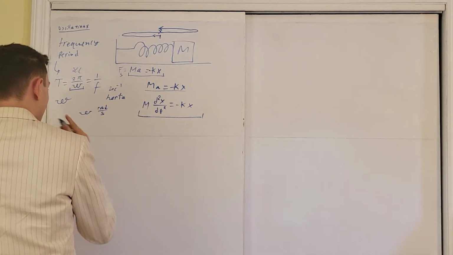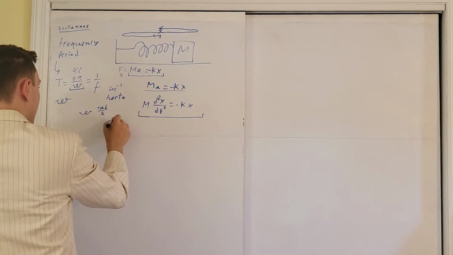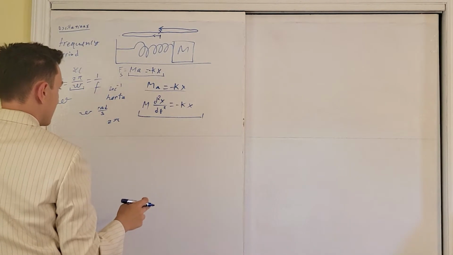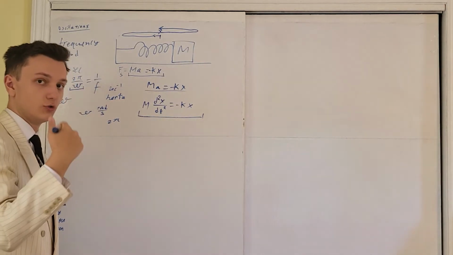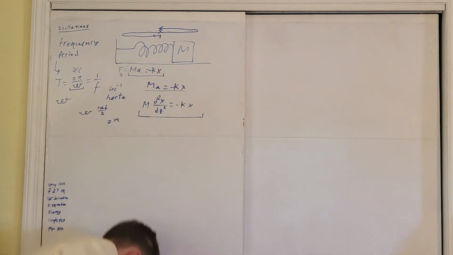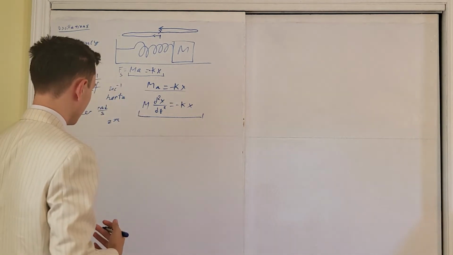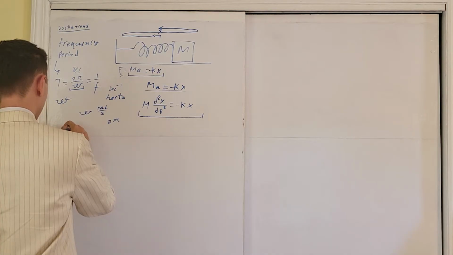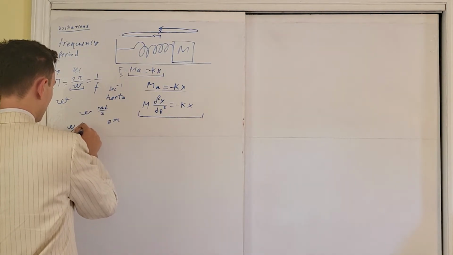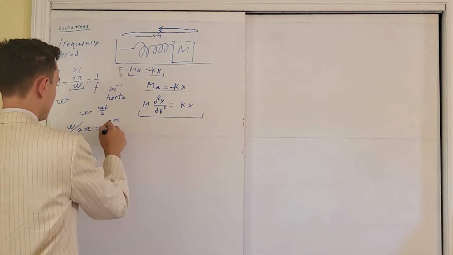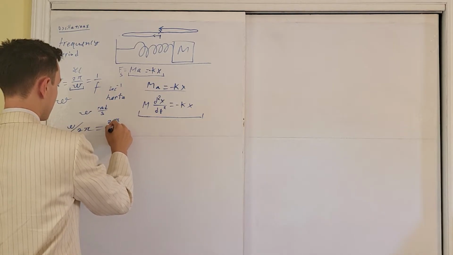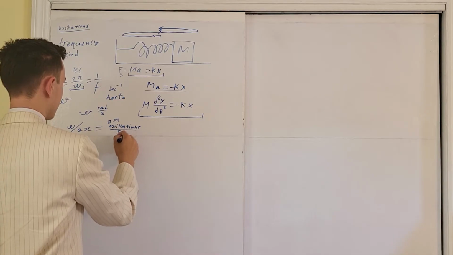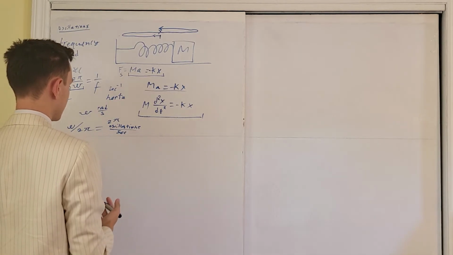And if we know that there are 2 pi radians in a full circle, that means we need to traverse 2 pi radians in order to complete a full oscillation. So if I take my angular velocity and divide it by 2 pi, that gets me my oscillations per second, because it's radians per second divided by the total radians in one oscillation.